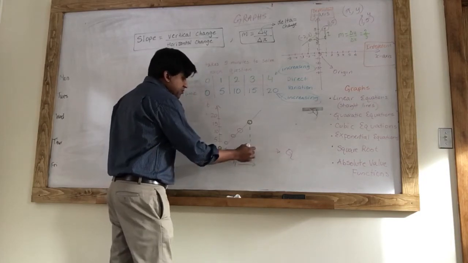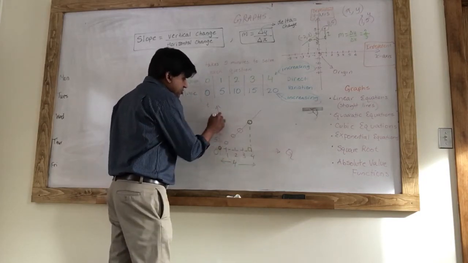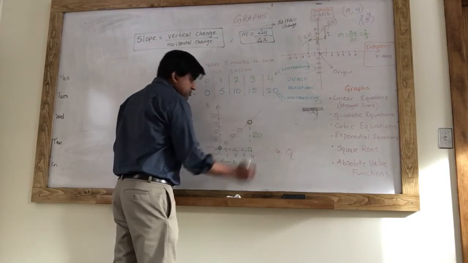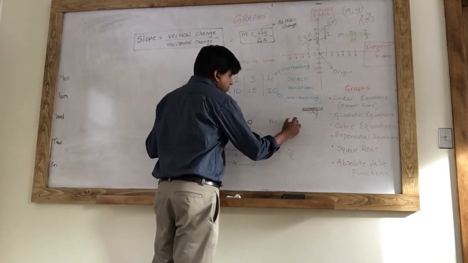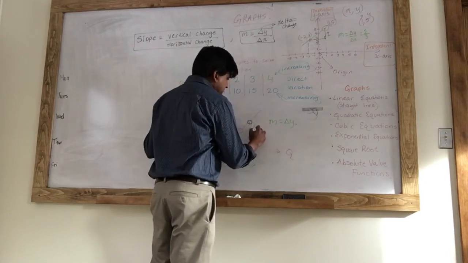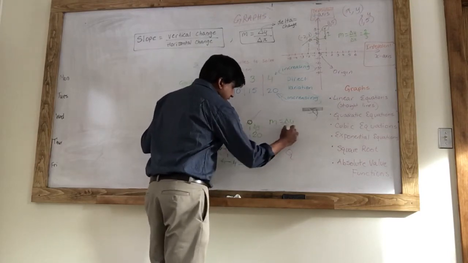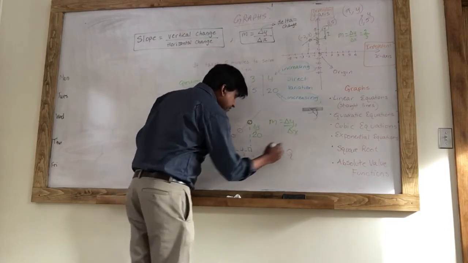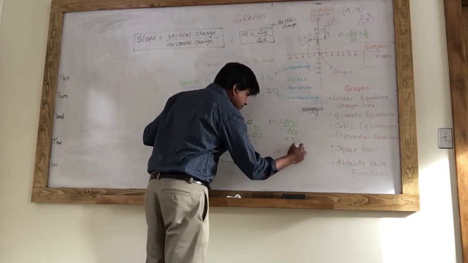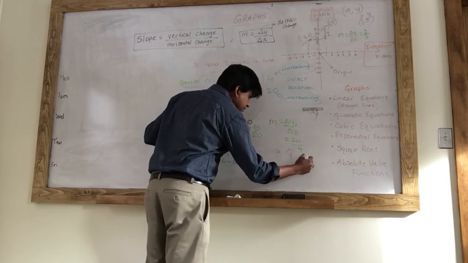And on the vertical axis, I'm going from 0 to 20, so my change is 20. So what would my slope be? Delta y, which is 20, divided by delta x, which is 4. So I'm going to get 20 over 4, which solves to 5.